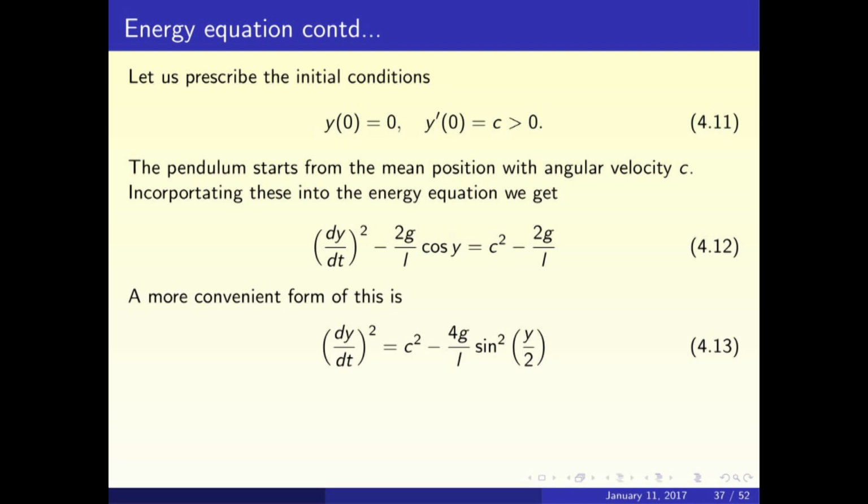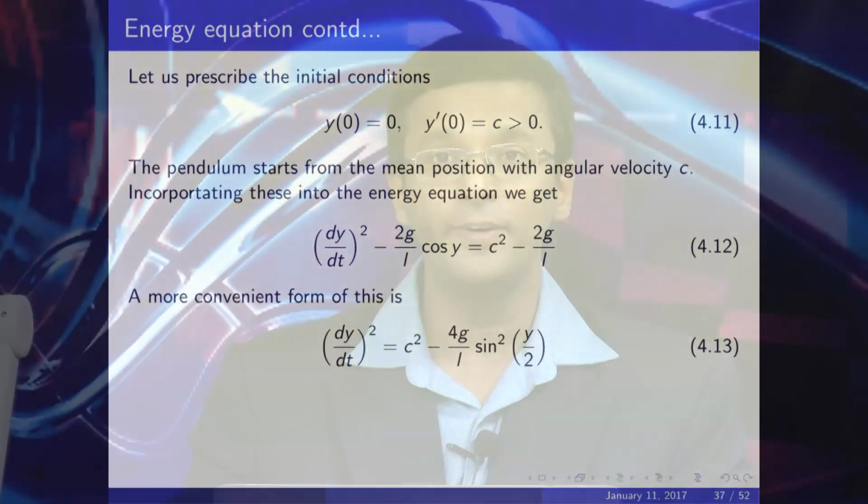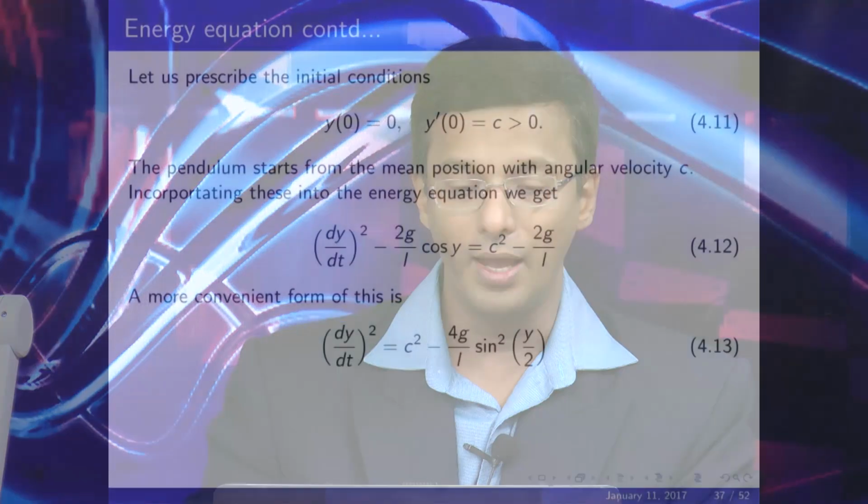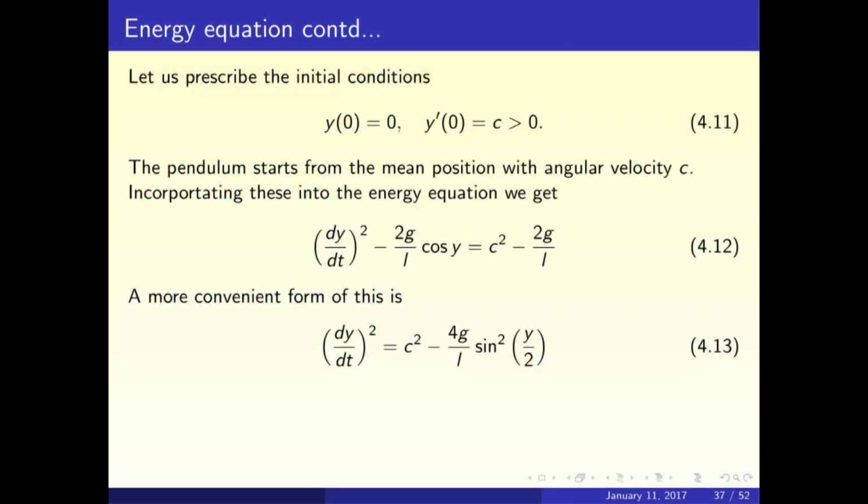Now, you might look at equation 4.13 and you will be happy because you got a first order differential equation. Our immediate impulse will be to take the square root and say dy by dt equals square root of c squared minus 4g by L sine squared y by 2. And that's a variable separable equation. We are very happy.